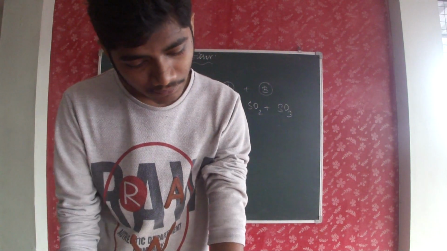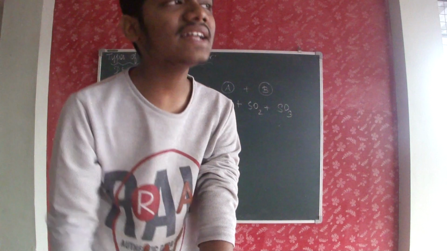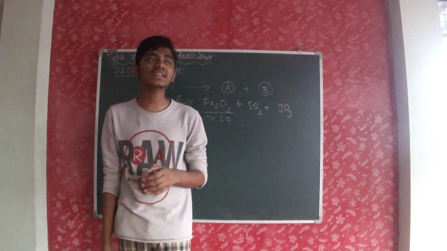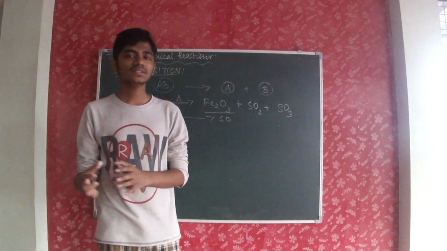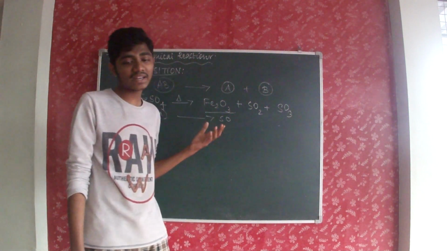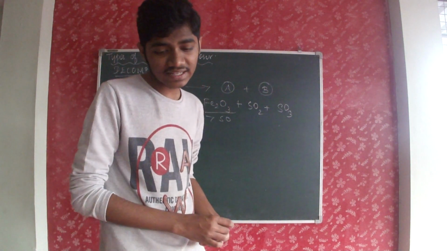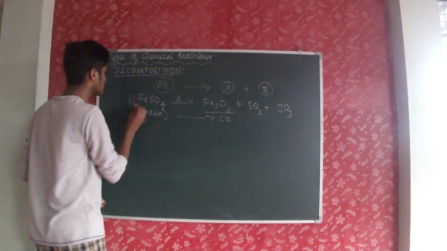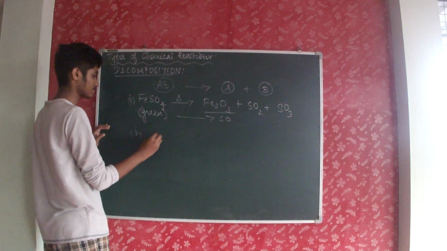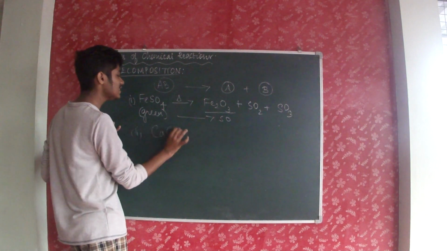Now then, we can tell that in a decomposition reaction, a single reactant breaks down to produce a lot of products. This is how we can explain decomposition reaction in easy language. Another good example for decomposition reaction is CaCO3.